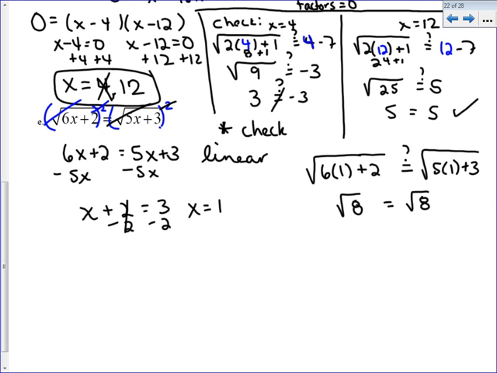It's all under the square root, so the square root of 8. Are they equal? Yeah, that's all we care about. I don't have to simplify them. All I care is that I can say, yes, this side is the same as this side. It's okay that they're not perfect. They're the same. As long as the two sides are the same, we know our answer checks. Questions?